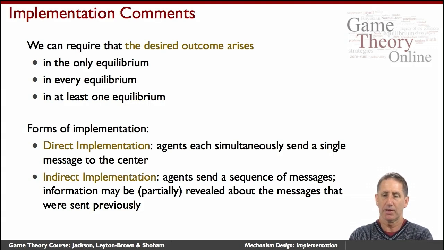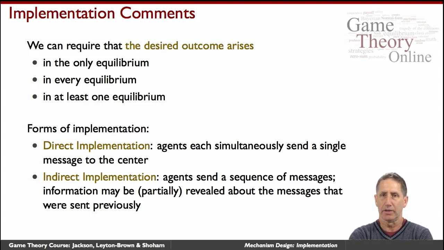In a direct implementation, agents send essentially a single message to the mechanism designer, the center, disclosing whatever they need to disclose about their type, and then the rest happens within the mechanism. Whereas in indirect mechanisms, there's an iterative process of messaging back and forth.